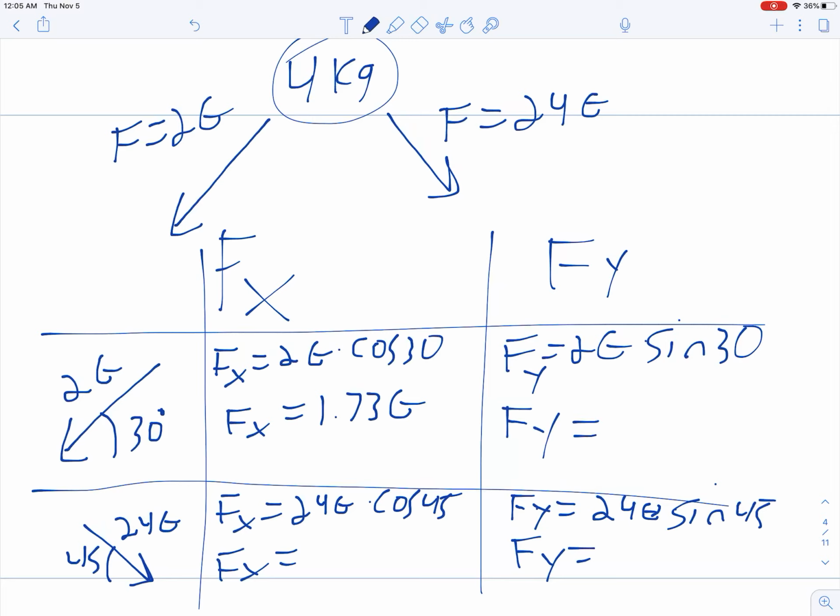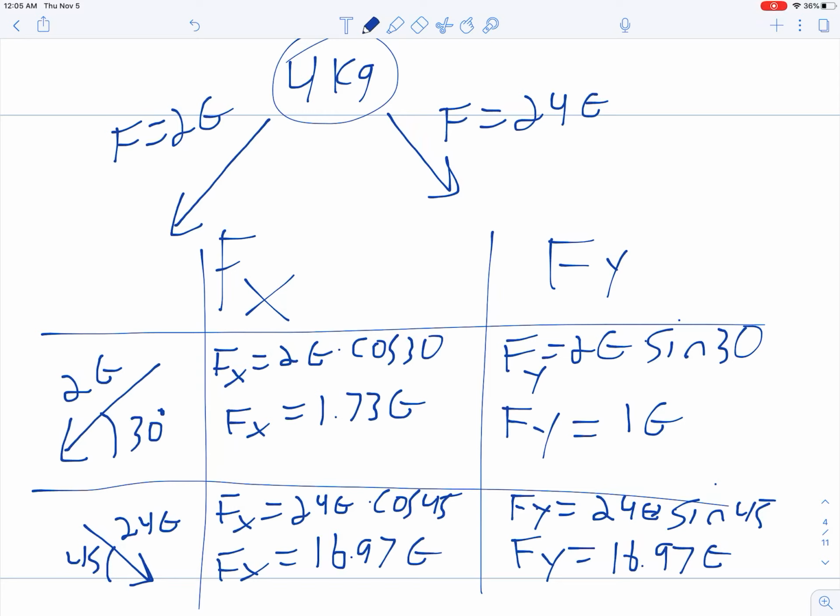I'm going to do this one, and I'm going to get 1g. 24 cosine of 45 gives me 16.97g, and this is also 16.97.